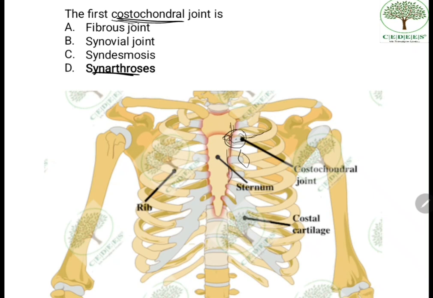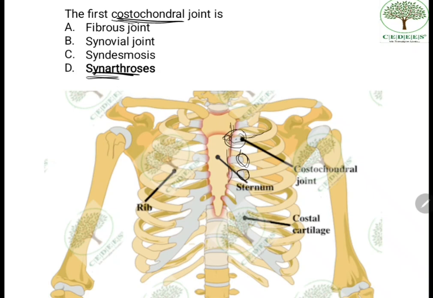Synchondrosis basically means a hyaline cartilaginous or a primary cartilaginous joint. Since this joint is immobile, it is called a synarthrosis. If the joint is slightly mobile, it will be called amphiarthrosis, and completely mobile will be diarthrosis. But here this joint is completely immobile, so it is a synchondrosis, which is a synarthrosis or an immobile joint.